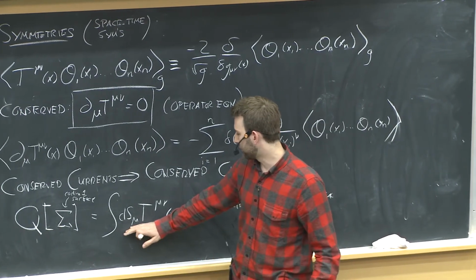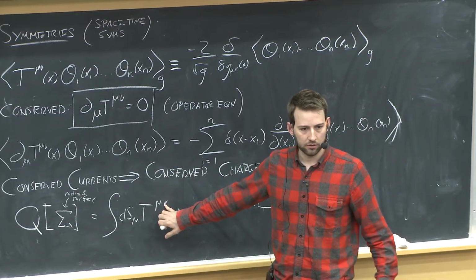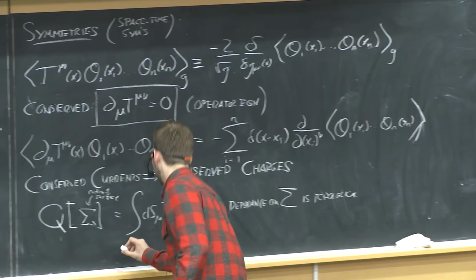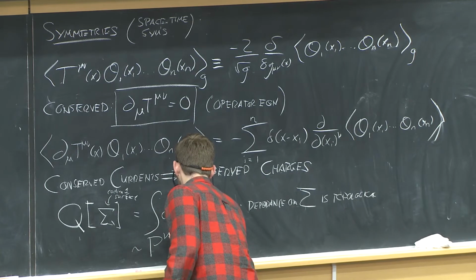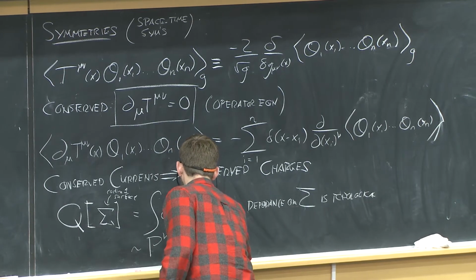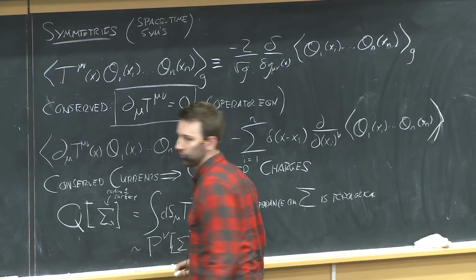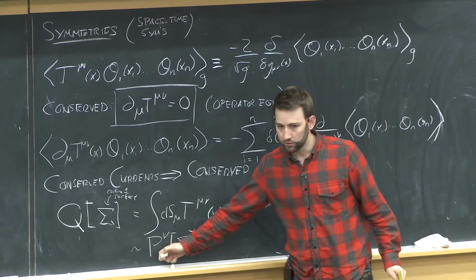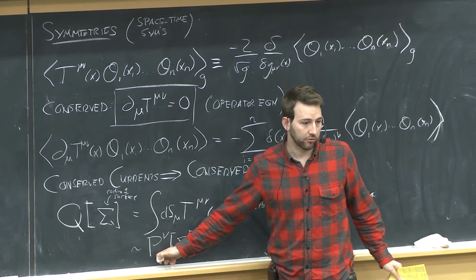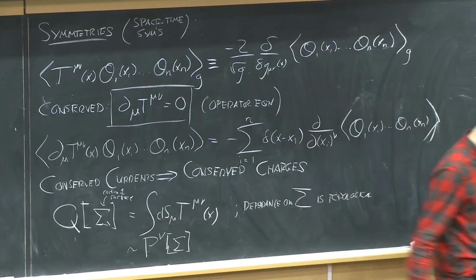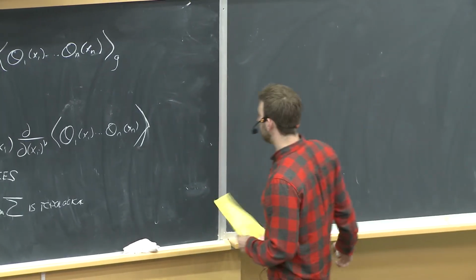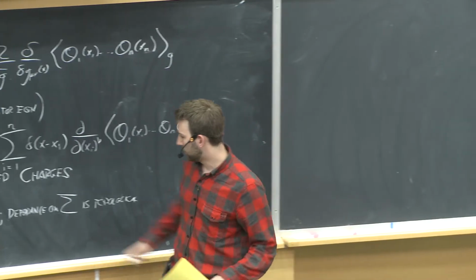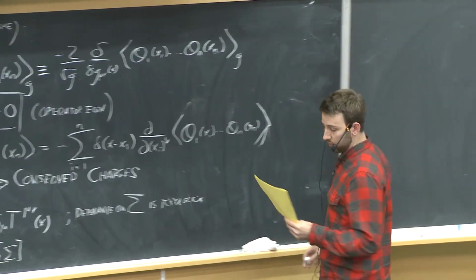In particular, this thing that I've defined here that has a free nu index is related, up to conventions about overall normalization, to the charge that measures momentum. So more generally, I had this free index.